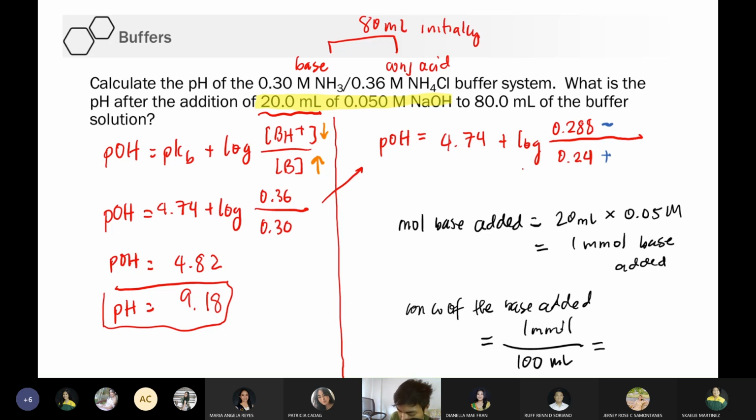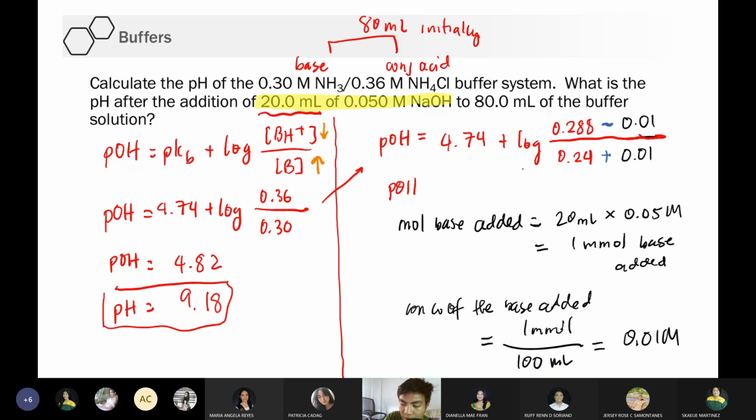So 1 millimole divided by 100 ml is 0.01 molar. So that means yung base mo madadagdagan by 0.01 molar. Yung inyong conjugate acid mababawasan by 0.01 molar, no? To the same extent.